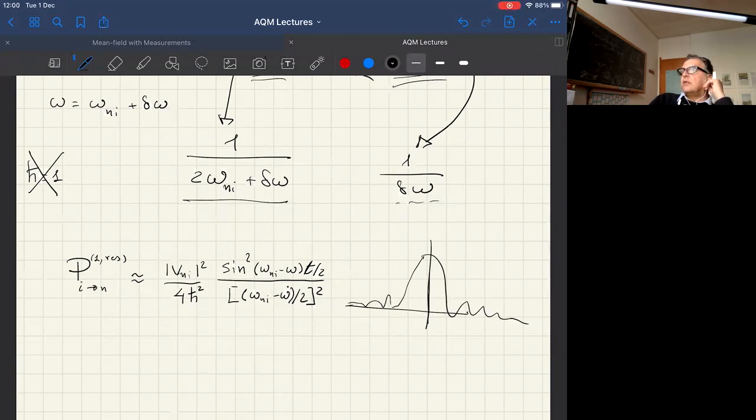So this is a function which has a width of the order of plus minus 2 pi over time. Okay.